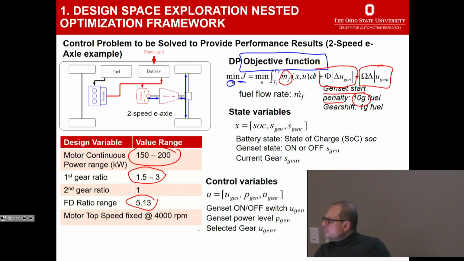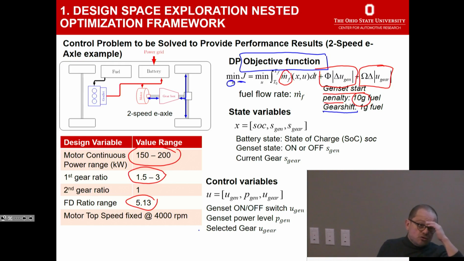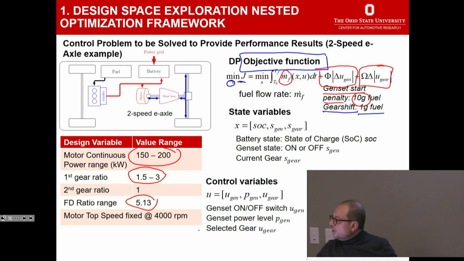Second, if you have gears, okay, every time you're doing a gear shift, stuff happens. You have clutches going in and out. There are things that go on. So we also penalized in some way gear shifts. Now you say, how do you penalize a gear shift by a gram of fuel? Well, that is more of a tuning parameter.